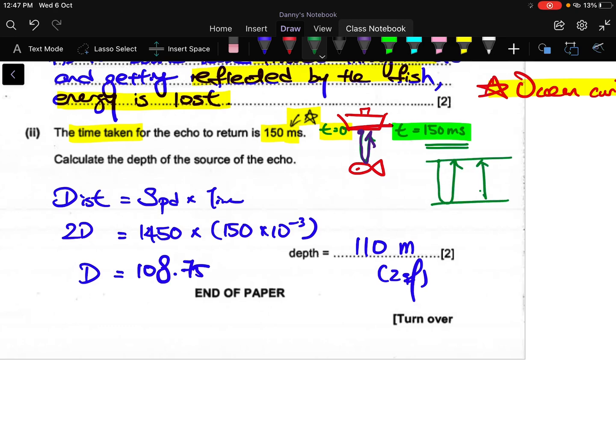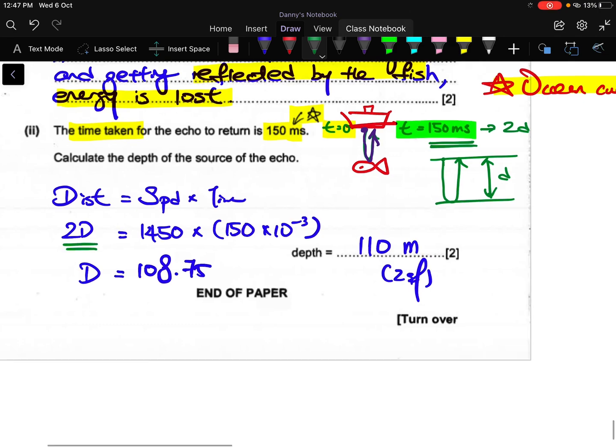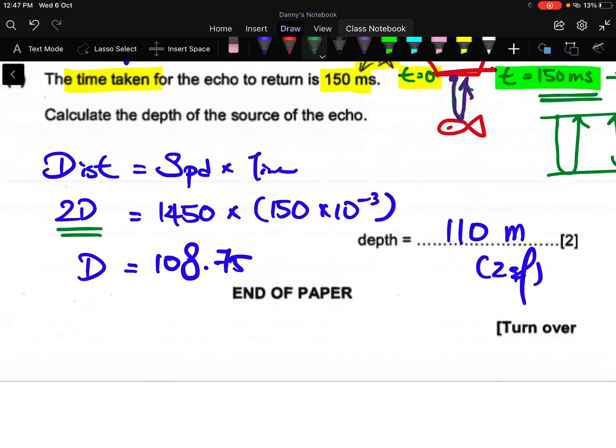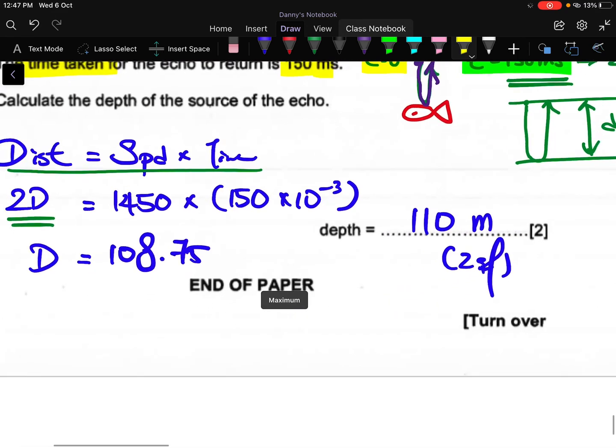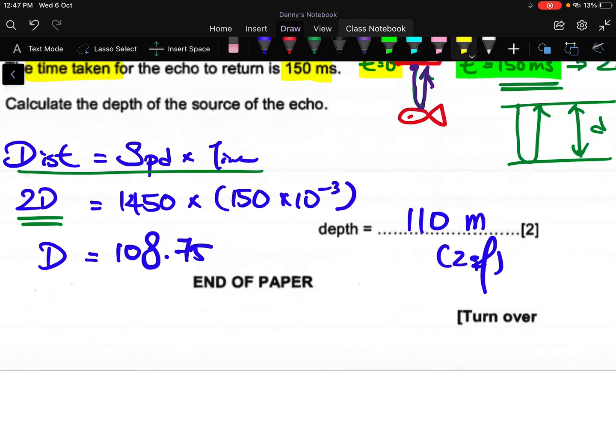So if you just want to know this distance, this time here corresponds to 2D. That's why here you see 2D. So you basically do the math. You can use this formula because like I said, speed of sound is constant. So when the speed is constant, you can use your primary school and lower secondary speed formula.